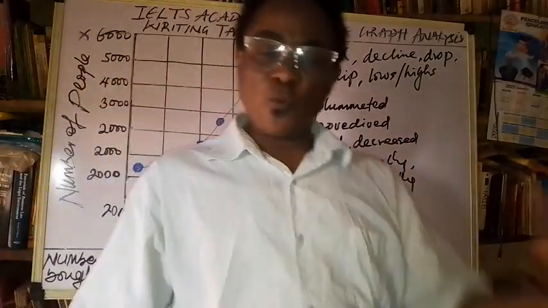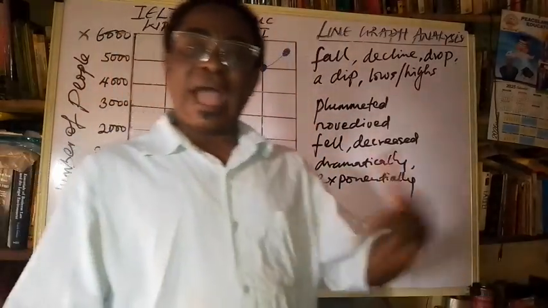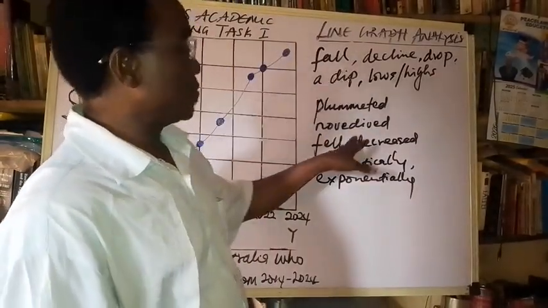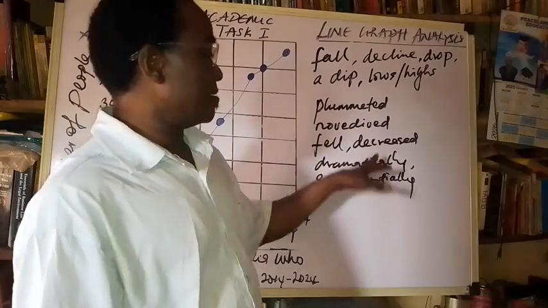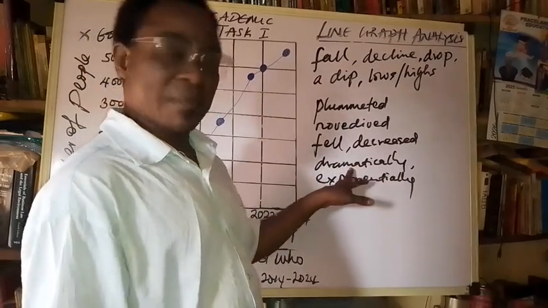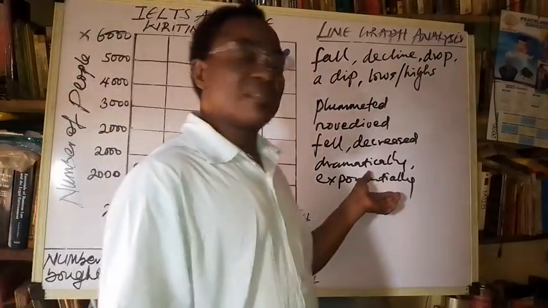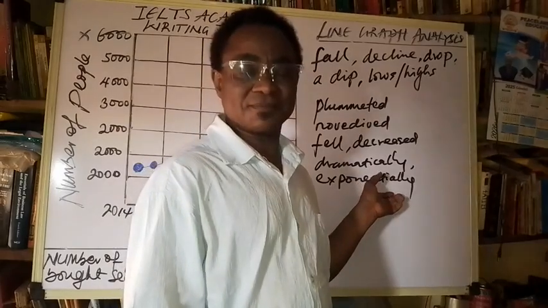Prices, quantity demanded, amounts supplied plummeted, nosedived, fell or decreased dramatically or significantly, or fell exponentially.